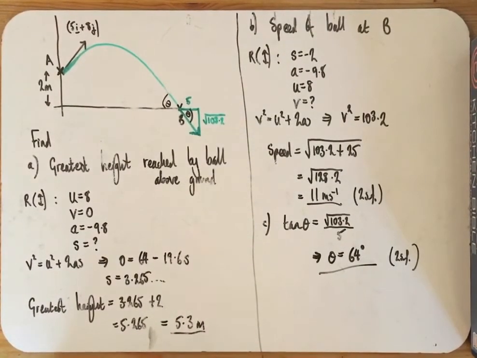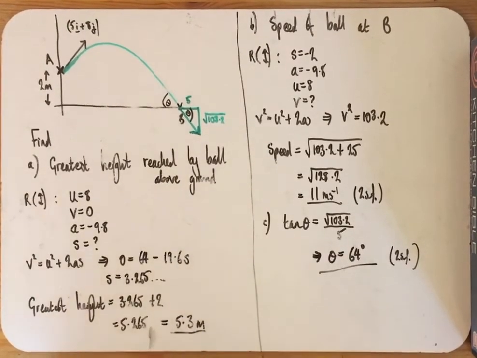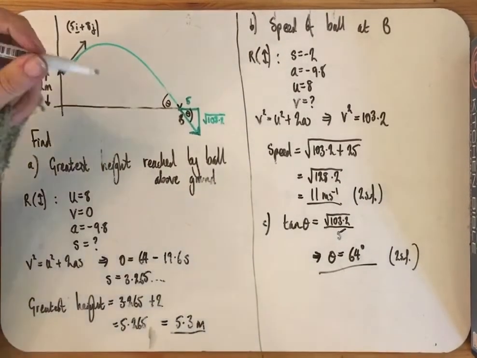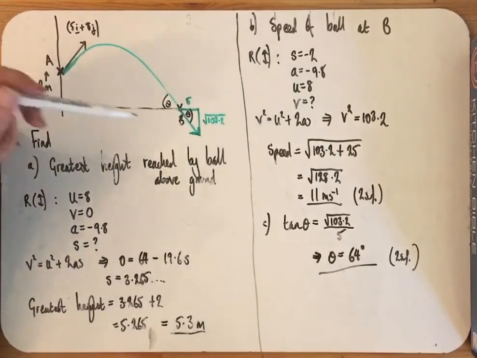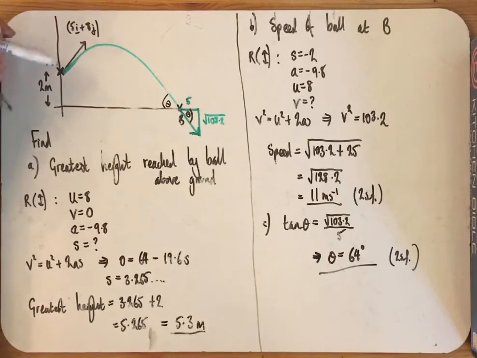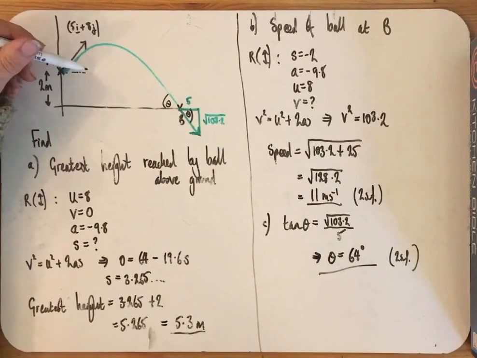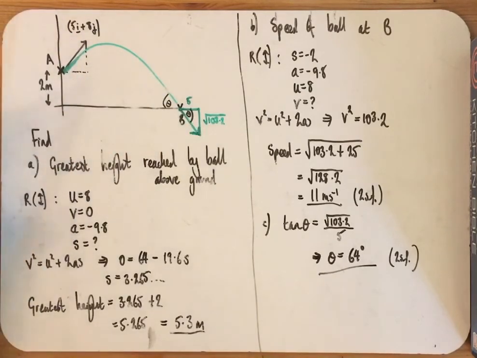Sorry, it feels slightly rushed today. But yeah, just bringing in those vectors just a little bit with that one there. And so to find the speed, you use Pythagoras on the right angle triangle. The horizontal component of the velocity remains at 5 throughout the motion of the projectile. I think the rest of it should feel okay, hopefully.